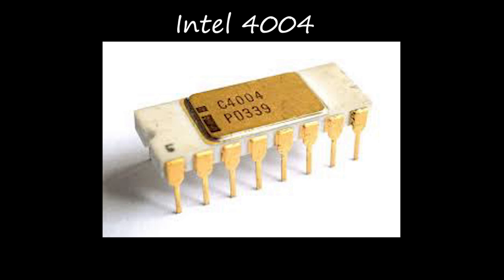So this is a 4-bit microprocessor, and it can process 4 bits at a time. It is manufactured by Intel, as I told you earlier, and the clock speed is 740 kilohertz. The size of this is 10 micrometer, with 2300 transistors, and the package is 16 pin.